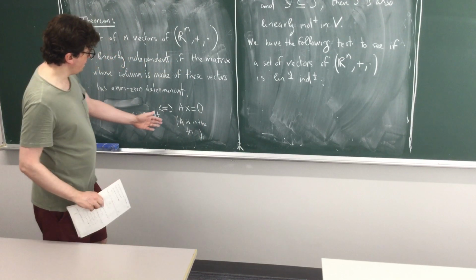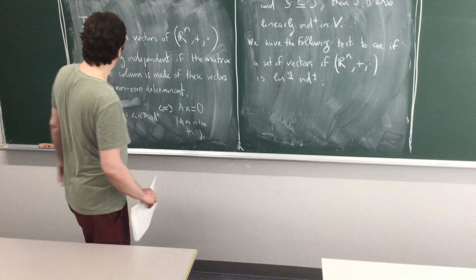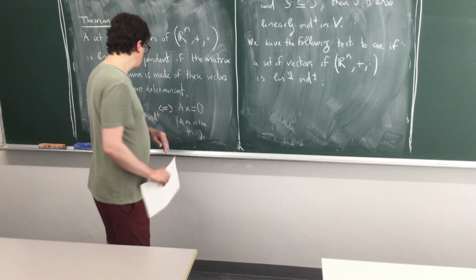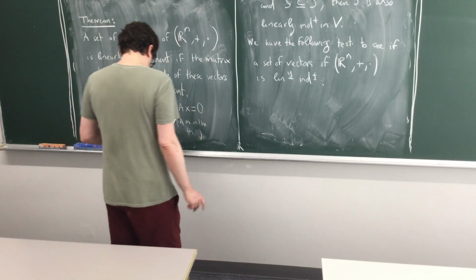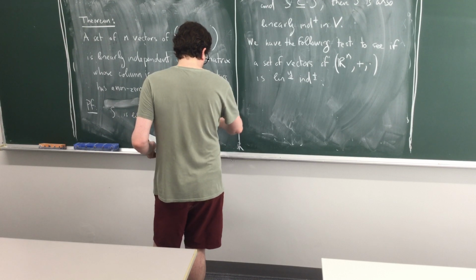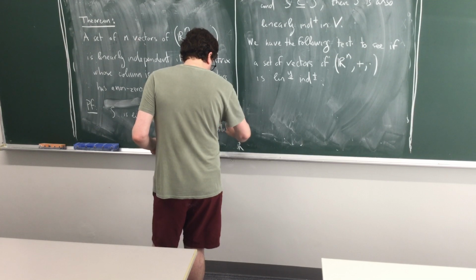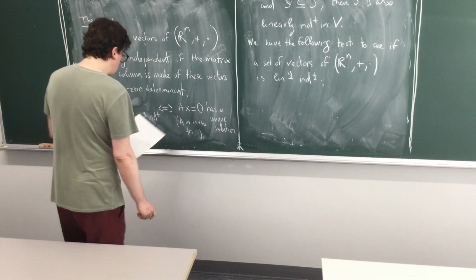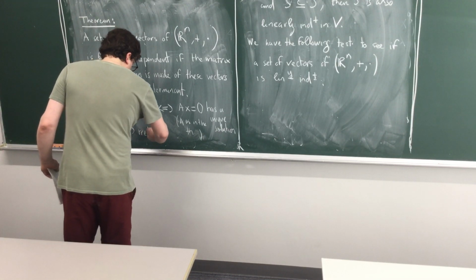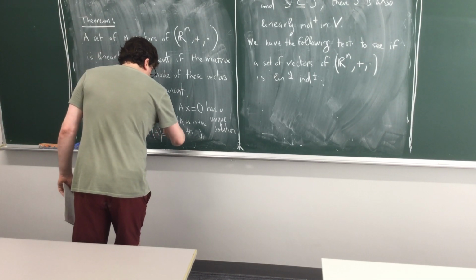So you take for A the matrix with coefficients, so you put in columns the coordinates of your n vectors. This gives you a matrix, and the solution of this must have a unique solution, and this happens only if the RREF of your matrix is the identity.